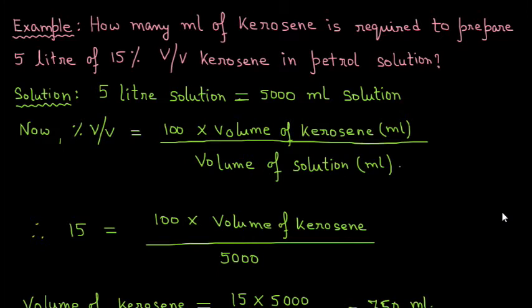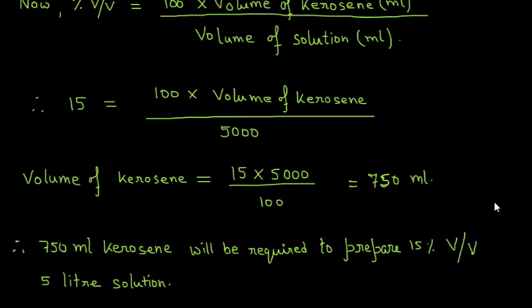That is, percentage V by V can be written as 15 is equal to 100 multiplied by volume of kerosene upon 5000. After putting all the values which are given, we can find the volume of kerosene by cross multiplication.